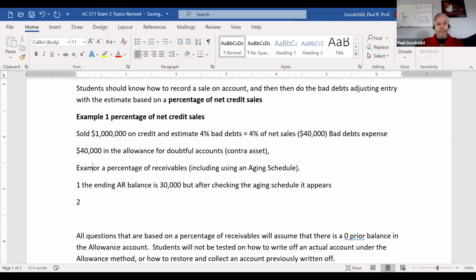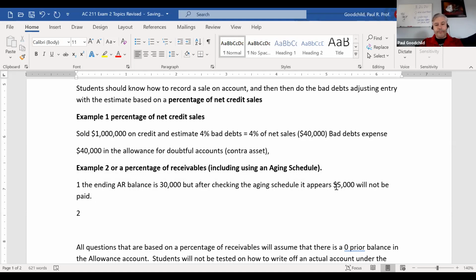And then example 2, but after checking the aging schedule, it appears 5,000 will not be paid.